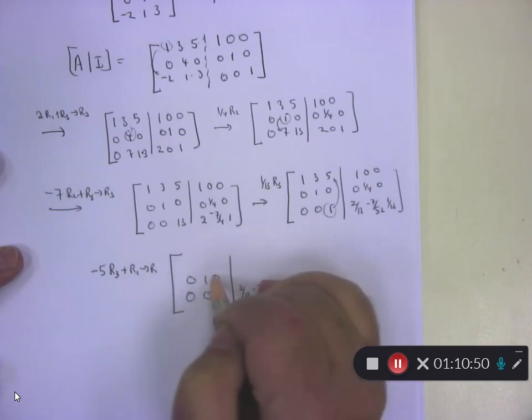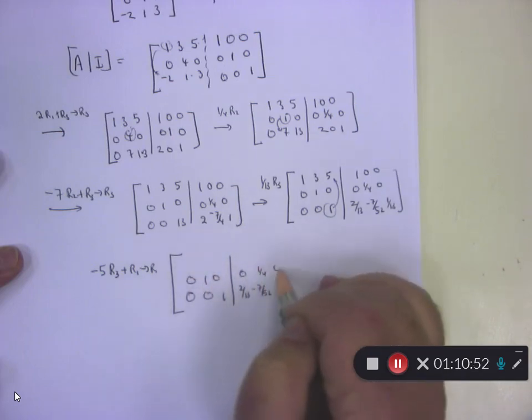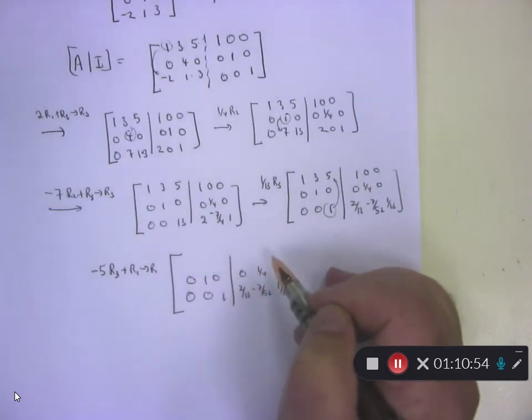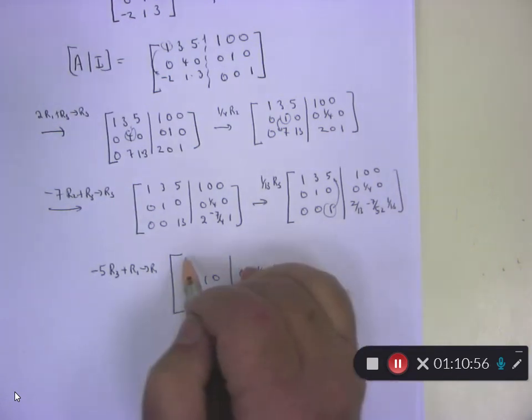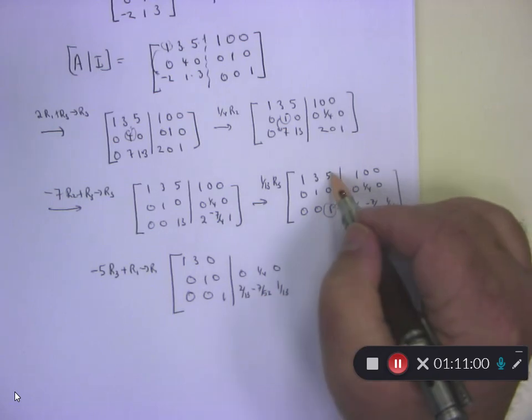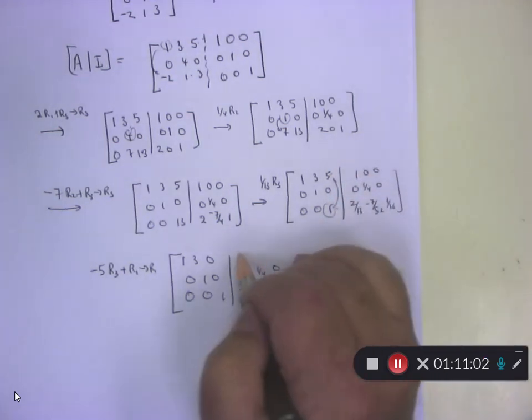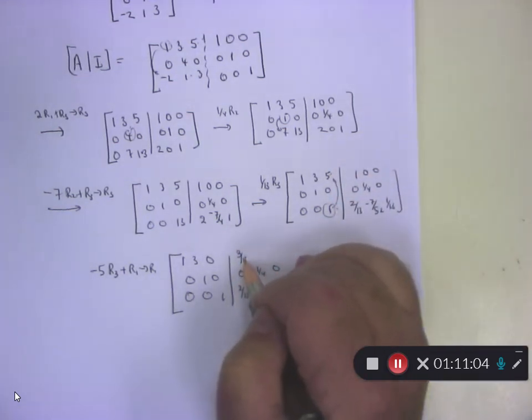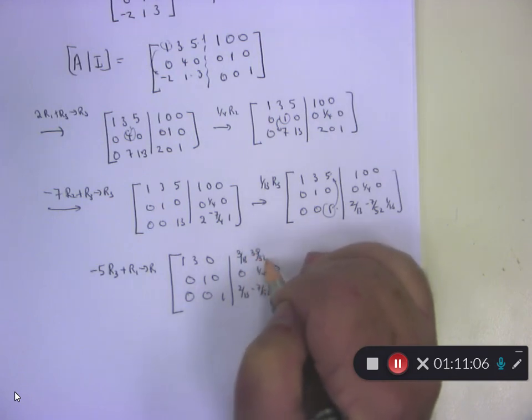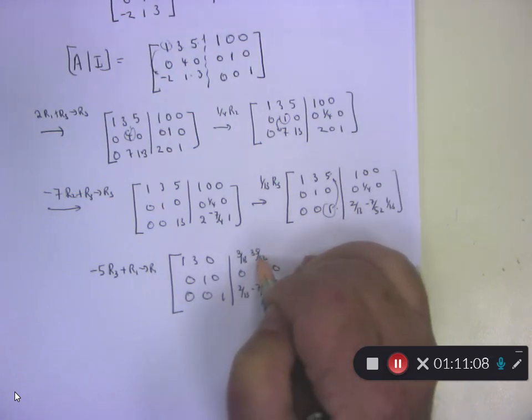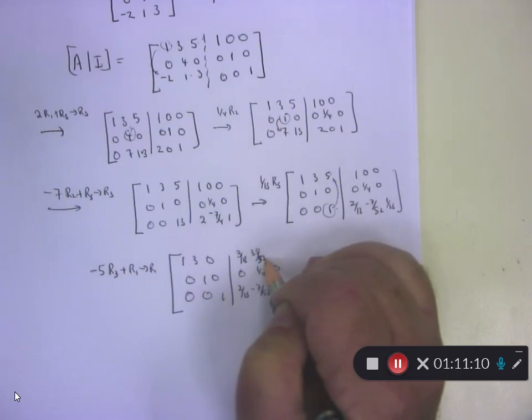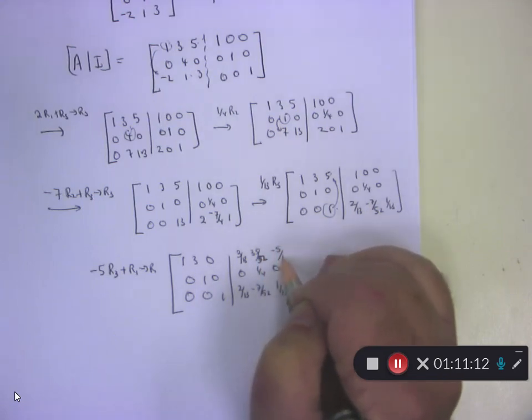This is 0, 1, 0, 0, 1/4, 0. And now sweeping up, it's going to give you 1, 3, 0, because that's going to kill off that, make it 0. You get 3/13, 35/52, and a negative 5/13.